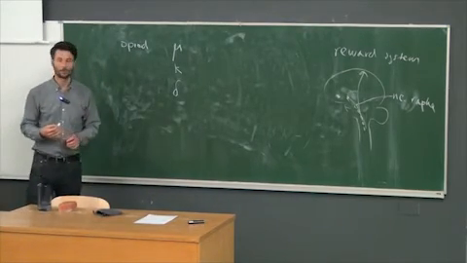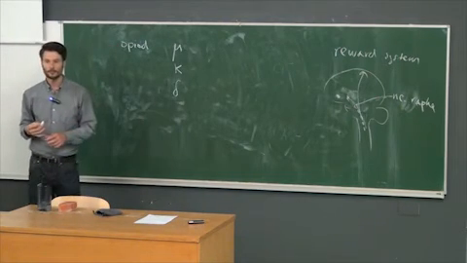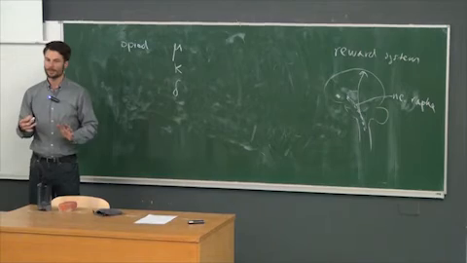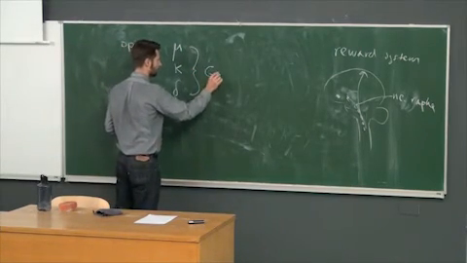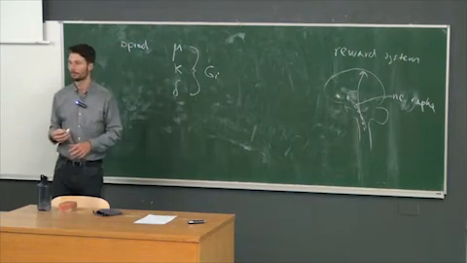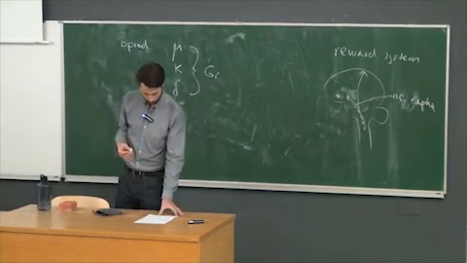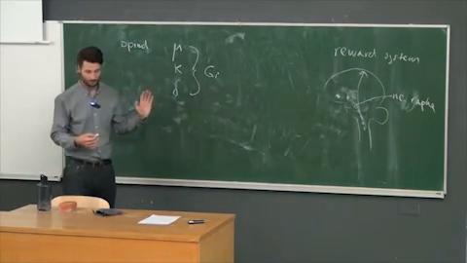Mu, kappa, and delta. They are all metabotropic. They're all G protein coupled with the Gi protein. All I'm going to say about them now.